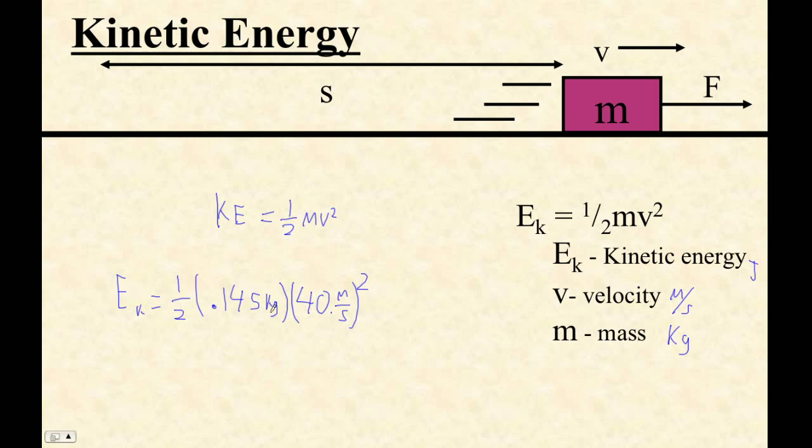You square that, and since you square the velocity, it goes up really fast with the velocity. If you double something's velocity, you actually quadruple its kinetic energy, which you learned about in driver's ed, or will learn, speed kills. So times 40 squared, this is 116 joules of energy, and that would hurt. That's why you've got to wear a helmet when somebody's throwing a ball like that at you.